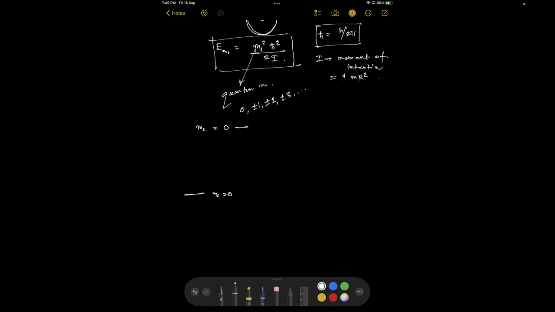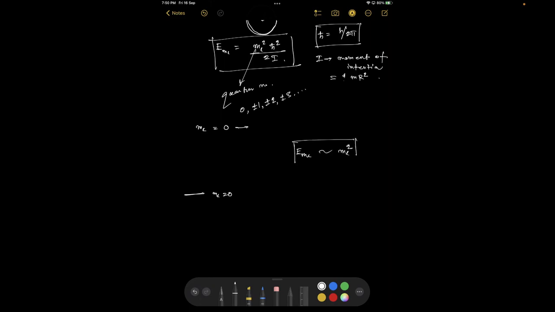For other values of ml, like plus minus 1, plus minus 2, plus minus 3, there will be two possible states of the same energy, since energy goes with ml square.